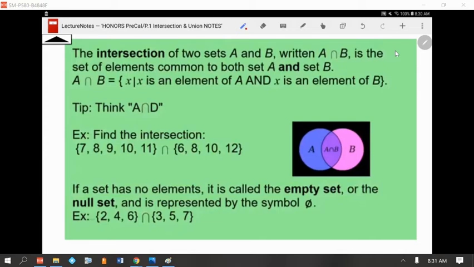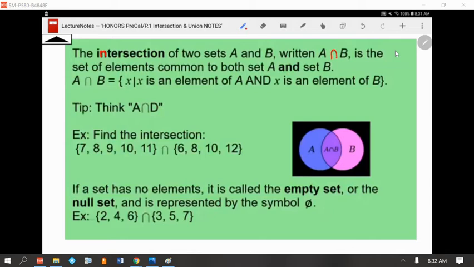We'll see. The intersection of two sets, and I'm going to point out the word intersection has an N in it, right? The intersection of two sets, A and B, is written as A with this funky upside down capital U. If you think about an upside down capital U, it kind of looks like a lowercase n.